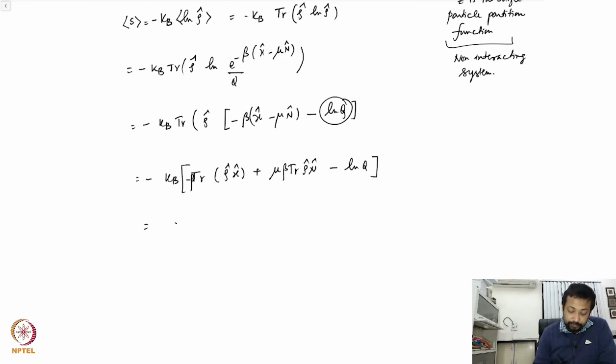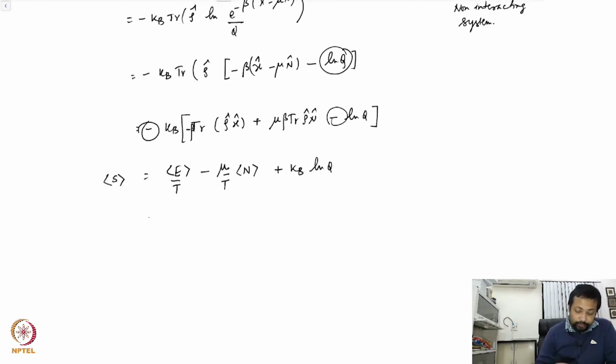So this becomes average energy by T plus, if I now multiply throughout by minus, mu by T times the average of N. So this minus and this minus makes it plus k_B ln Q. So I have average E minus T times average S minus mu times average N is going to be minus k_B T ln Q. And this quantity on the left hand side is the grand potential.